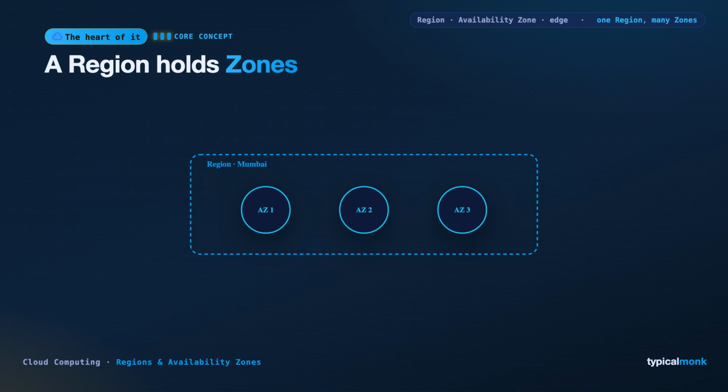Those are the availability zones, 3 isolated data center clusters sitting in different parts of the city, each independent of the others. And between them, draw fast private links. Because although they are physically separate buildings with separate power, they are joined by low latency fiber so they can act as one system. That is a region, one area containing several isolated but connected zones.